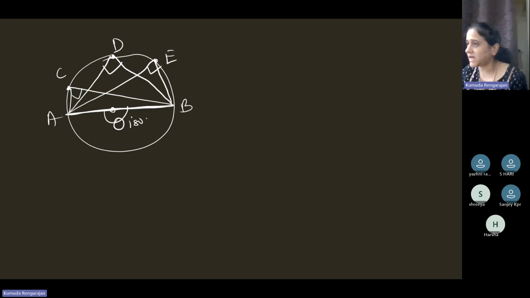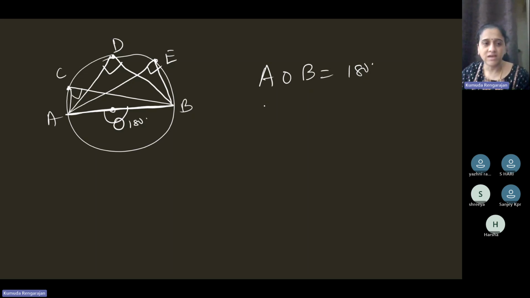By the theorem, the angle made by an arc at the center is double the angle made on the circumference. So how do you name, see what's the angle at the center? AOB, 180. Name the other angles. ACB, ADB, AEB. These are the other angles.